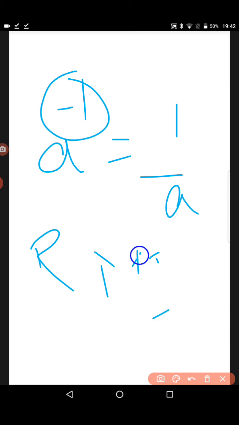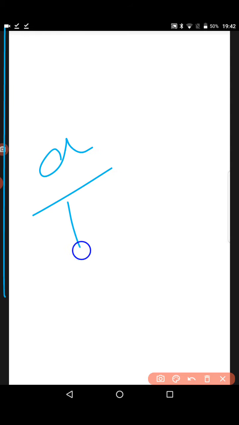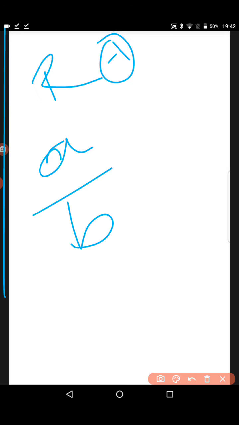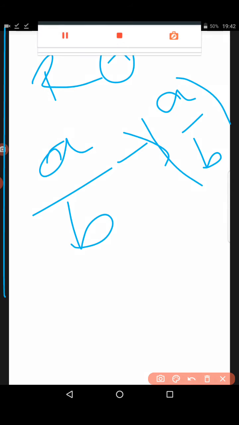It is the exponent, like that. Now by this we would have clearly understood that if I want to write the reciprocal of a by b in exponent form, I should write a by b whole to the power minus 1.